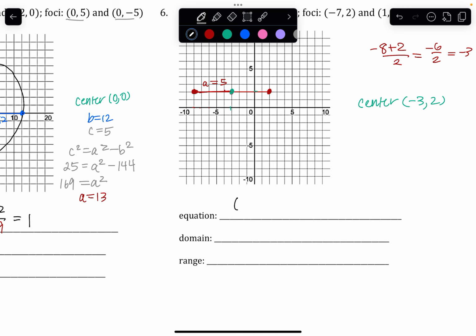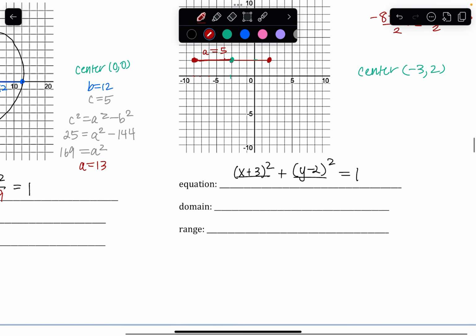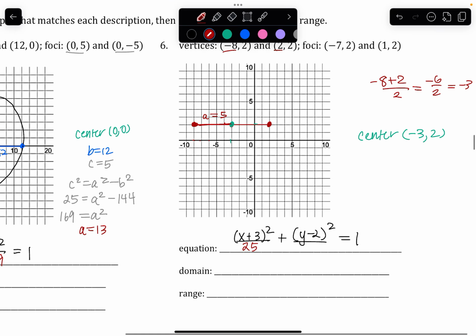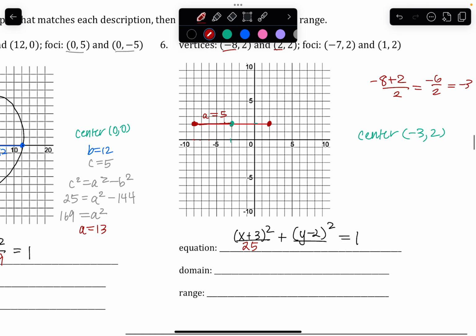Our center has an x-coordinate of negative 3, so x plus 3 squared. My y-coordinate is 2, so y minus 2 squared always equals 1. And then I know my horizontal distance is 5, so I am going to have a 25 underneath the x term. For the y, we need to find the B value.